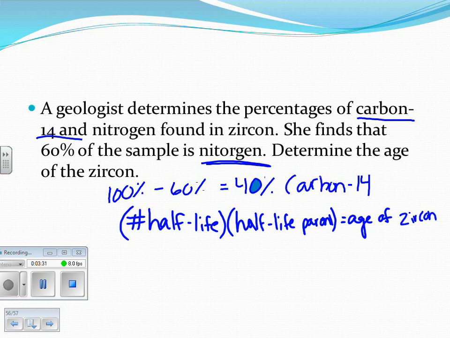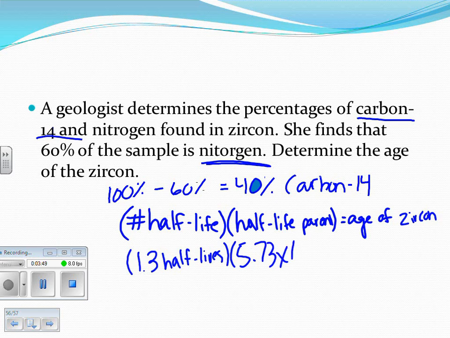The number of half-lives that have passed is approximately 1.3, and the actual half-life of carbon is 5.73 times 10 to the 3 A. Remember, A stands for annum, which means years.